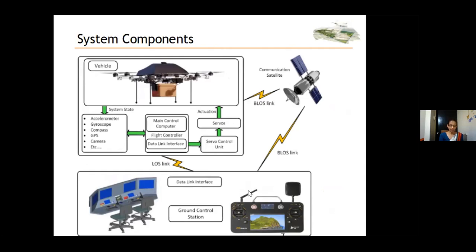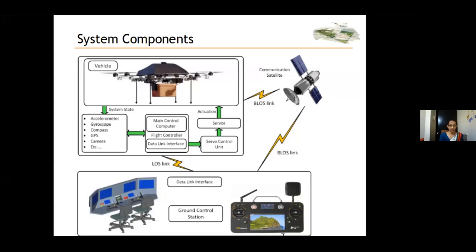The aerial platform, which includes the airframe, a precise navigation system, flight controller, the power system, the payload, and a sense and avoid system. The second major group is the ground control station, which allows the human control from a remote location.